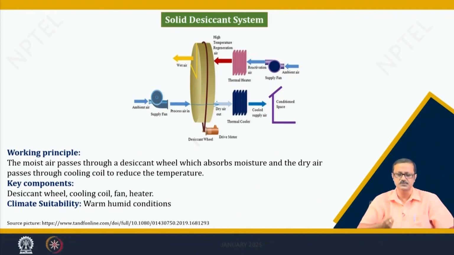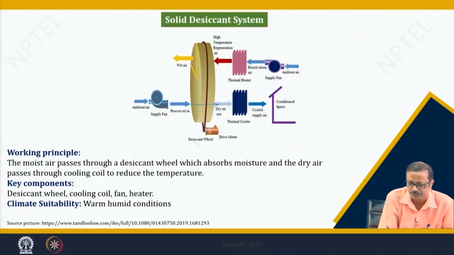This particular system is going to be fruitful in the warm and humid climate where there is a lot of humidity in the air. Whenever I take warm and humid air through this desiccant wheel, there is some chemical that will absorb the moisture, and the air is also cooled down some amount, and then finally it passes through the thermal cooler, that is again a heat exchanger.